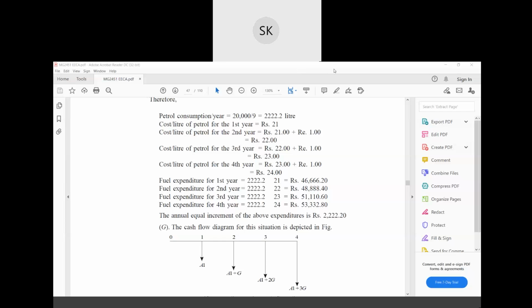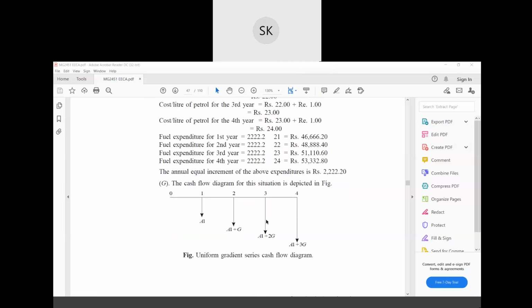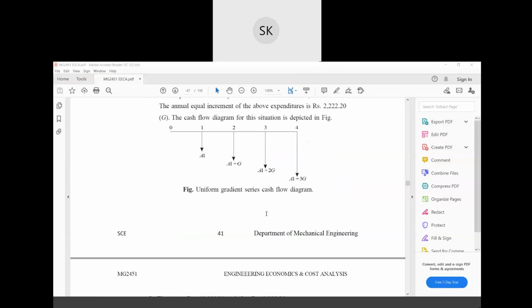Yes, ma'am. Okay. So, if you see this diagram, there is a uniform gradient series. A1 is 21, then 21 plus 1 into 1, so it became 22, 21 plus 2 into 1, so it became 23, 21 plus 3 into 1, so it became 24. So this is the cash flow diagram.